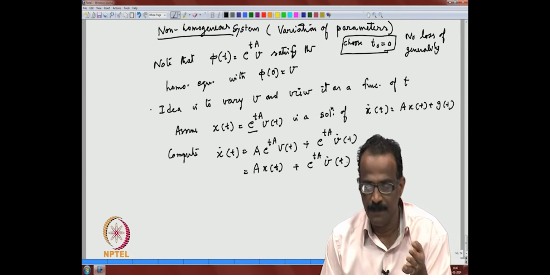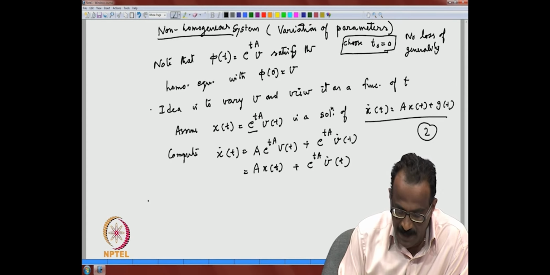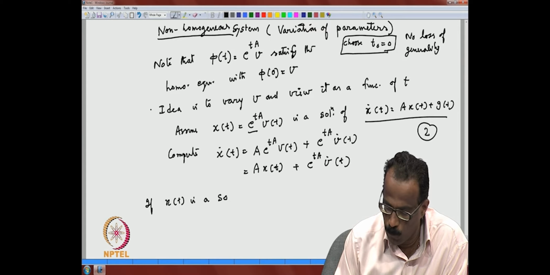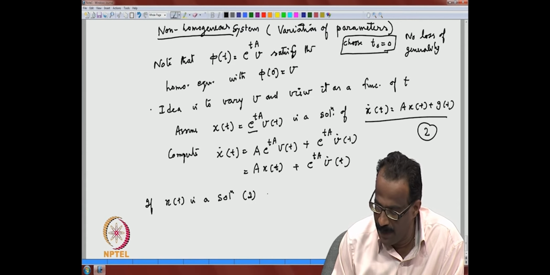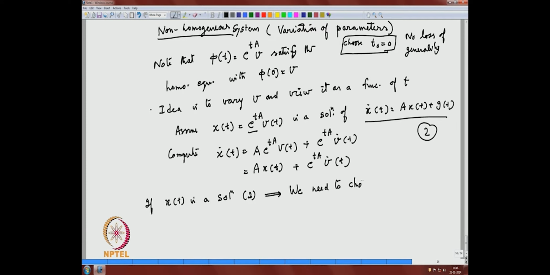So if x t is a solution to equation 2, it will immediately imply we need to choose e power t A V dot of t equal to g t, so that this term is g t. Otherwise you have the first order equation for V t.